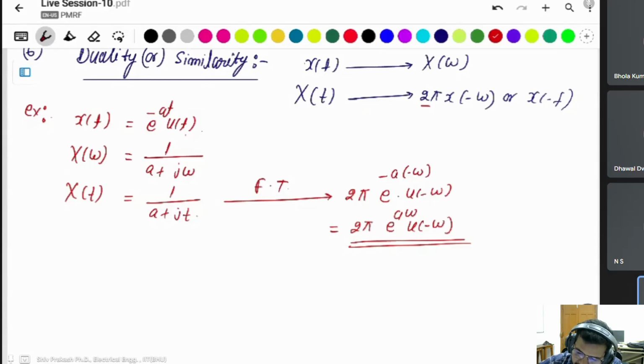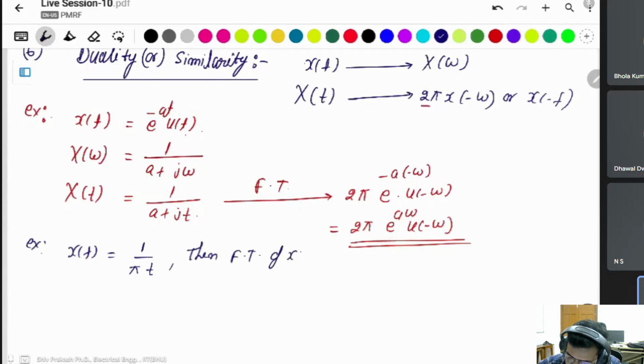Suppose, for example, x(t) = 1/(πt). What is the Fourier transform of 1/(πt)? How can you find it?